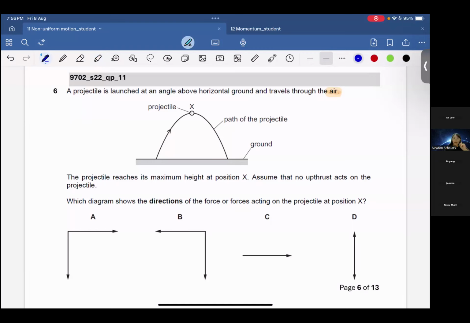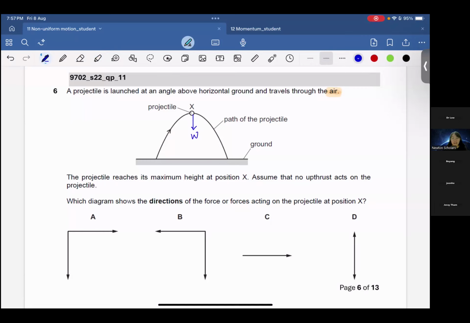Every object must have weight. This one is confirmed. Every single object will have weight. So not A. Where is the air resistance acting?